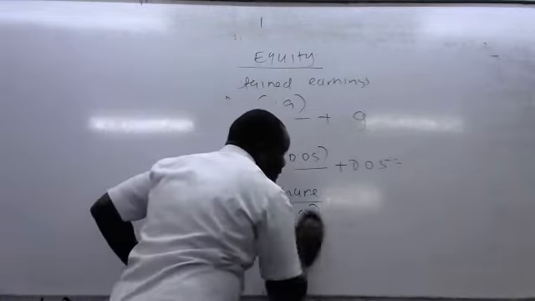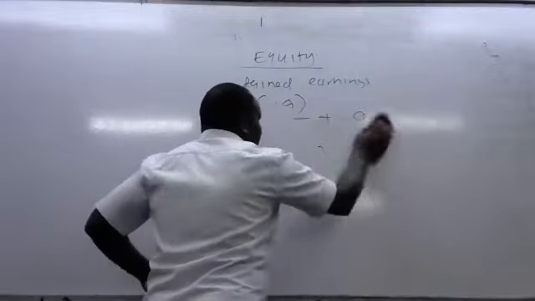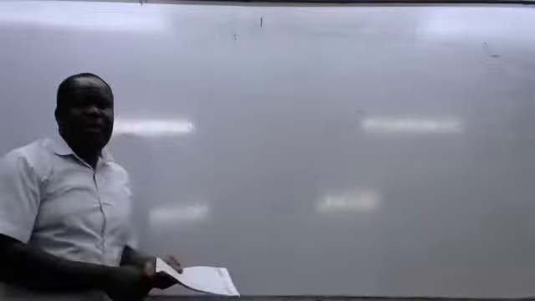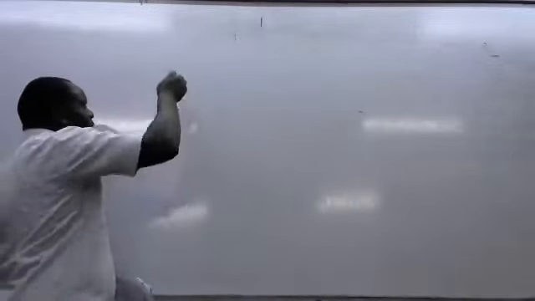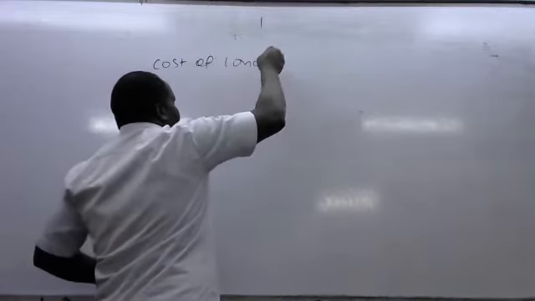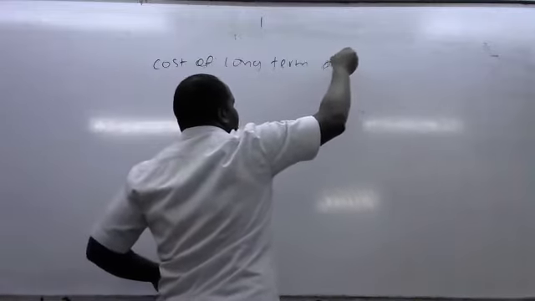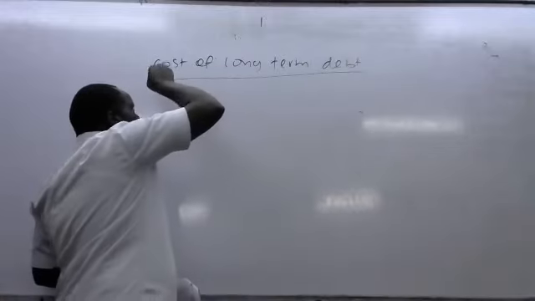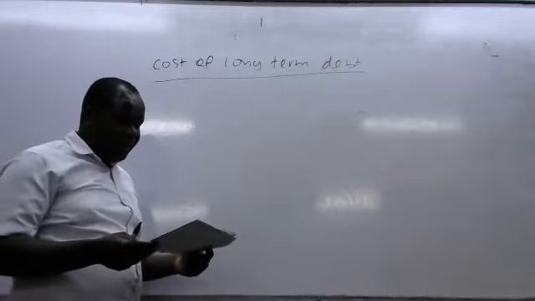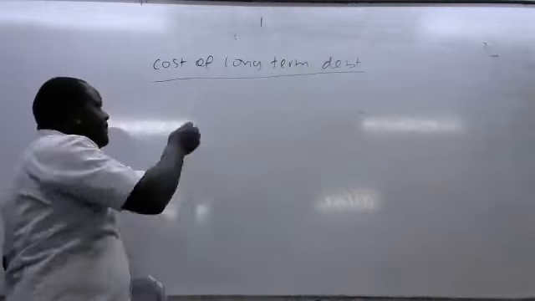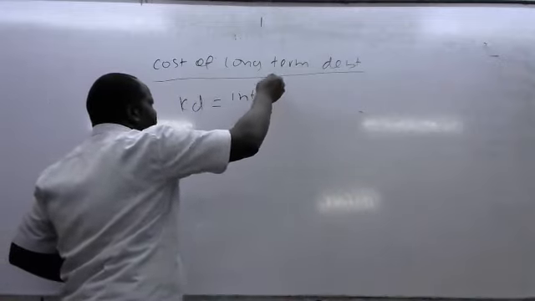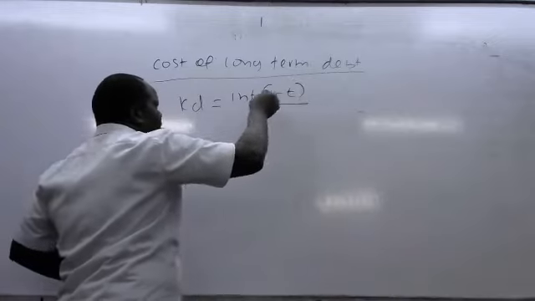For this one, it is the same as the debenture. So Kd is supposed to be given by interest times 1 minus the tax rate.